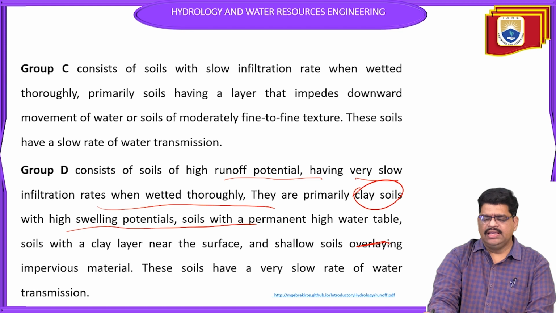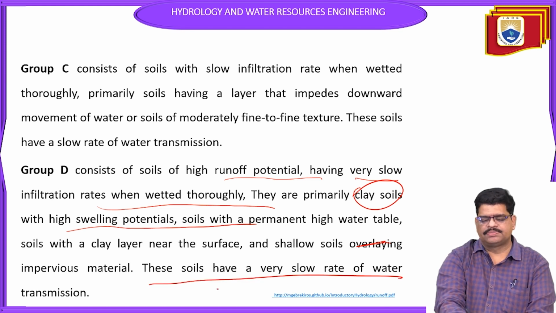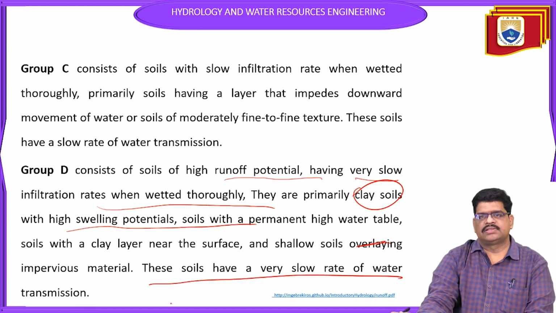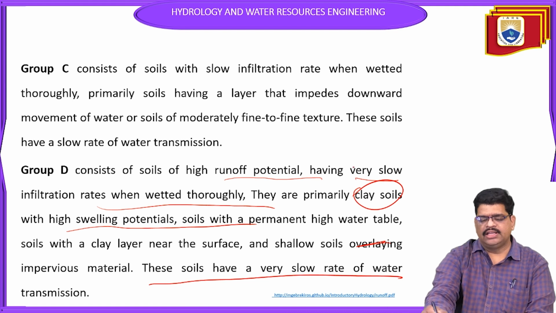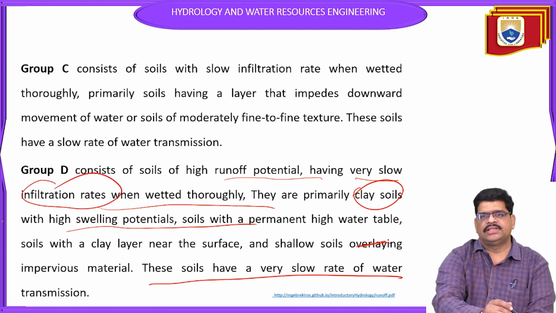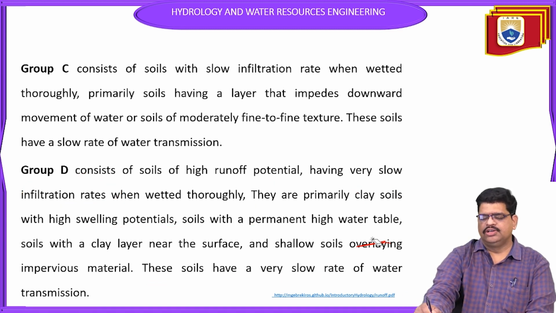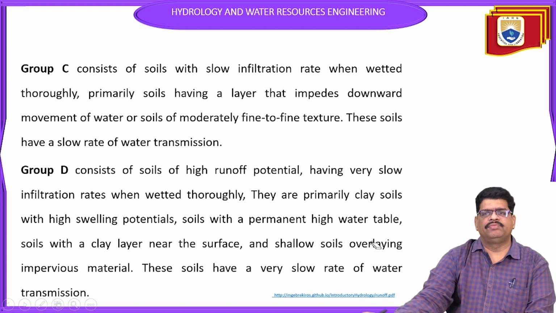These soils have a very slow rate of water transmission, because they have very low infiltration capacity rates. That's why these soils come under group D. So soils can be bifurcated into A, B, C and D. There are four types of soils we are bifurcating.